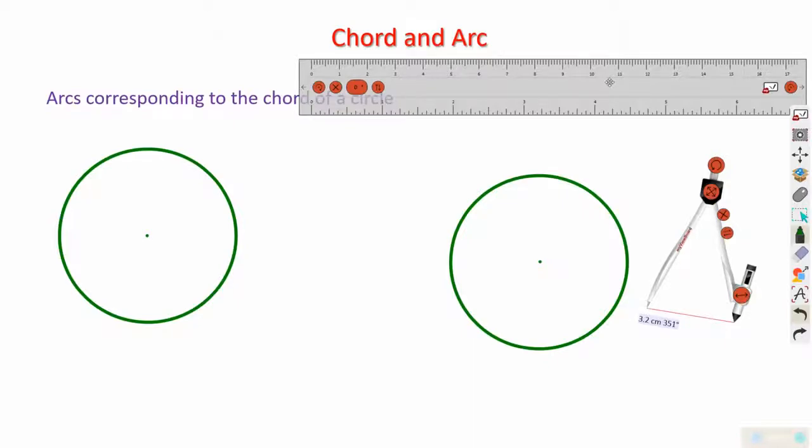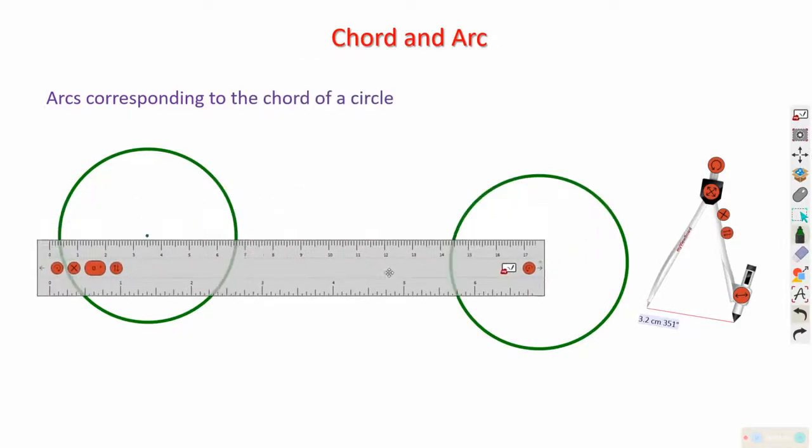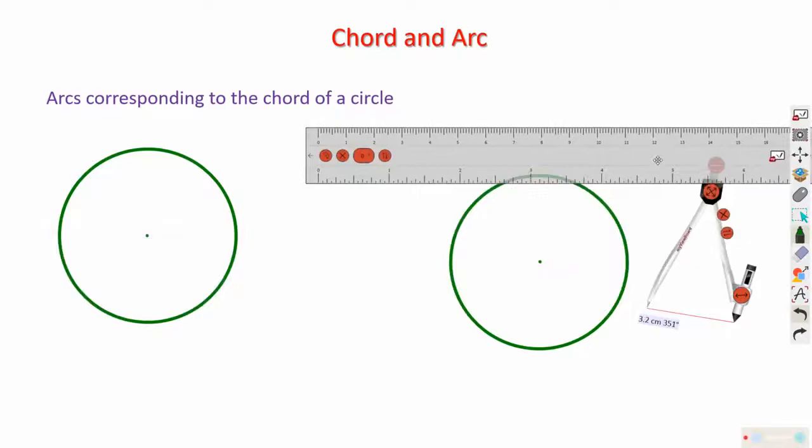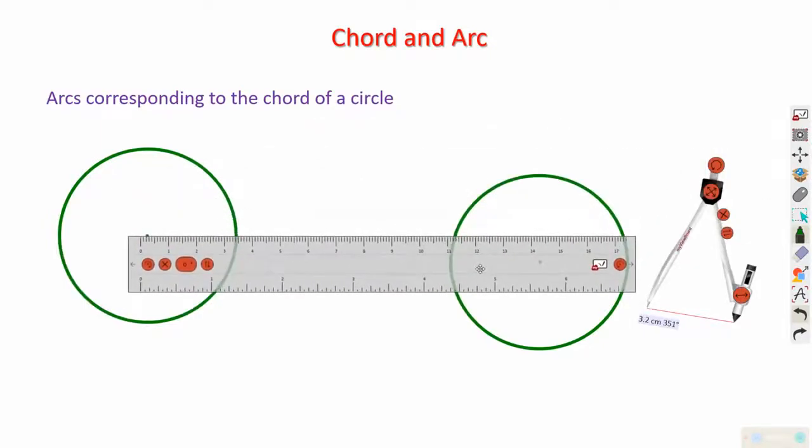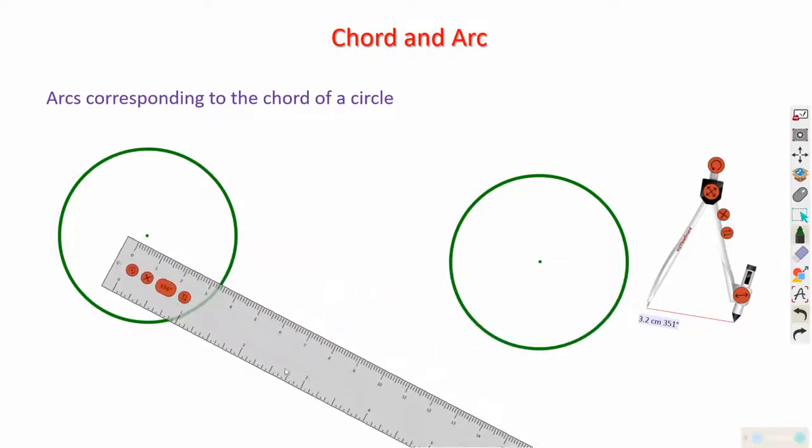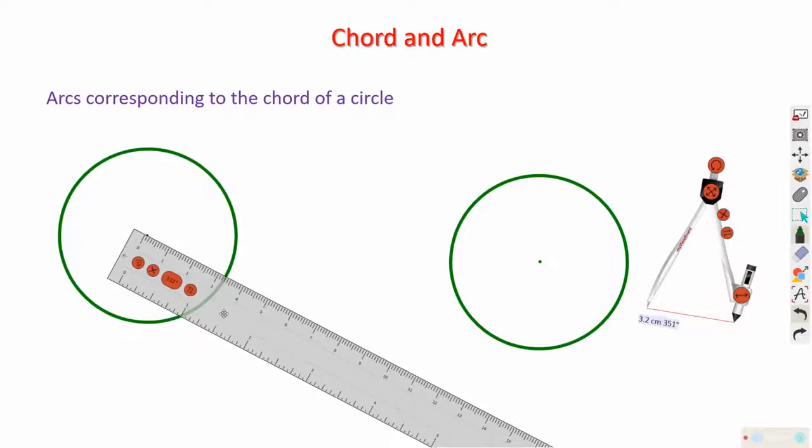So we have drawn a circle and I am going to draw two angles from the center of the circle. Let me draw it roughly, later measure it. So I am going to draw two angles.